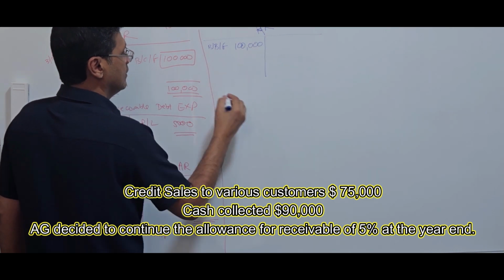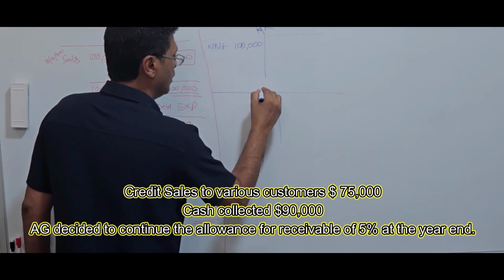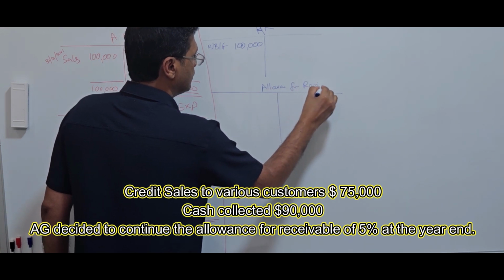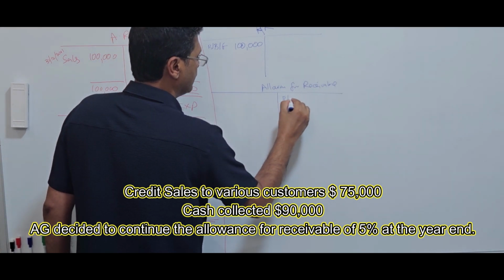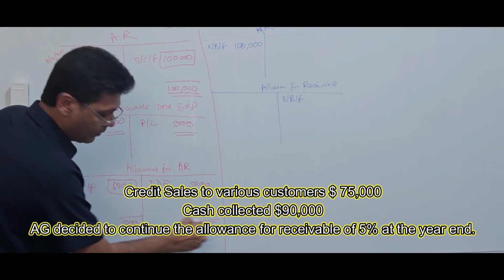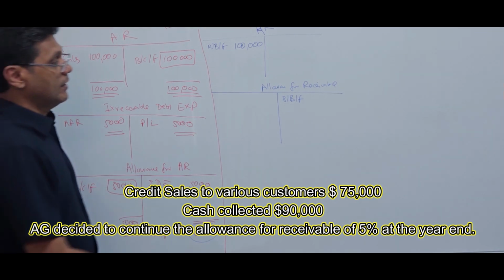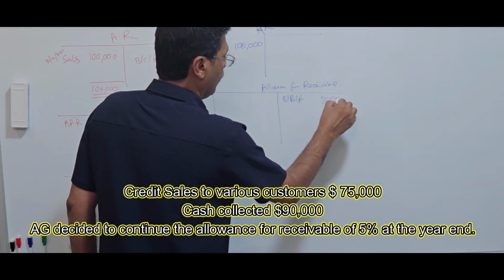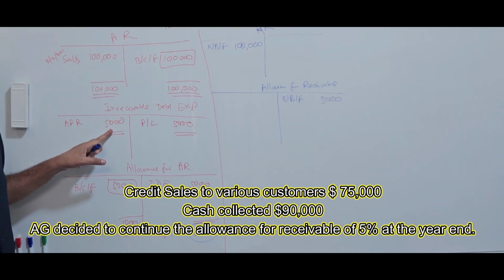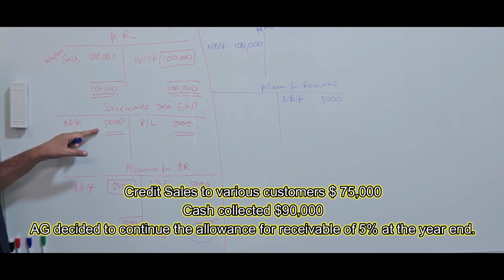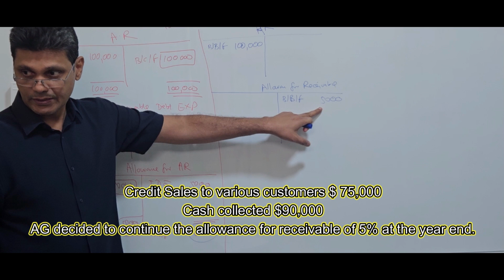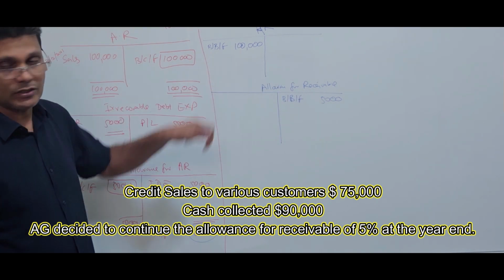Is that correct? And we have allowance for receivable balance brought forward, how much? We have 5,000. That's the balance sheet figure, no? We already provided a doubtful provision of 5,000 in the first year, where we debited the expense account and credited the provision account. That provision account will be the opening balance here, and this is the opening accounts receivable.